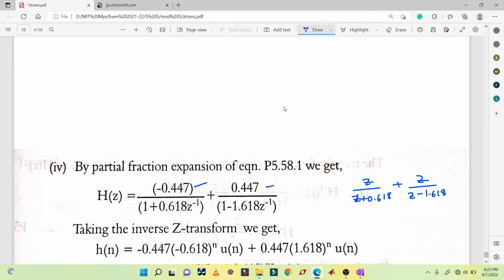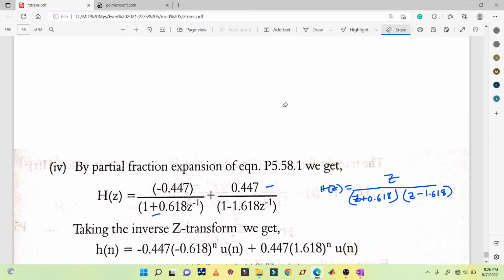Okay, this was our H of z. For this, if we apply the partial fractions, we will get this answer: 0.447 divided by 1 plus 0.618 z inverse, and minus 0.447 divided by 1 minus 1.618 z inverse. You can write it in terms of z or z inverse; both are the same.